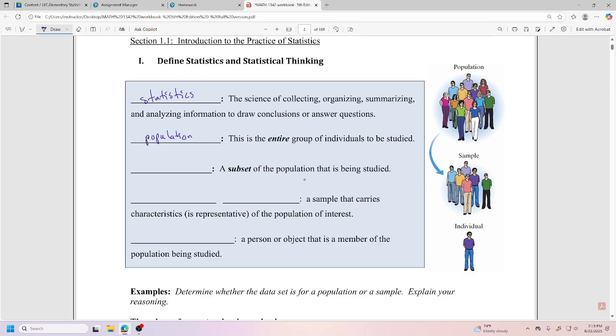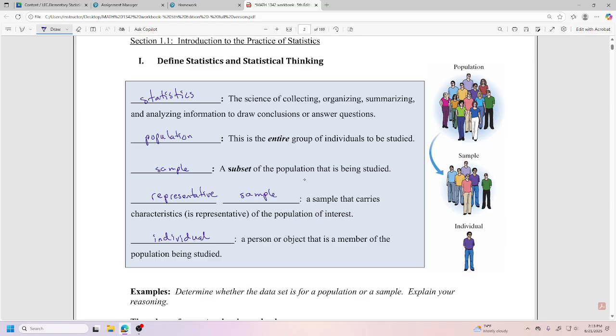Just more of this: population, sample, representative sample, and then individual. I'm going to use these as a good guide for what y'all are going to do on the homework.